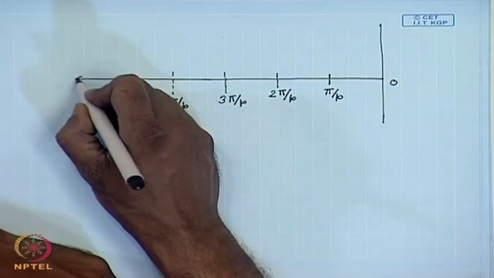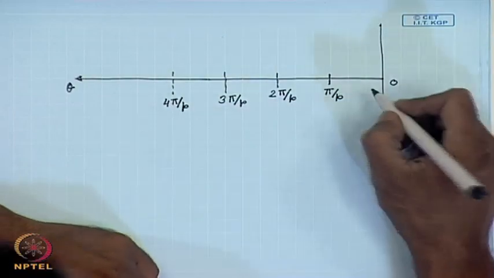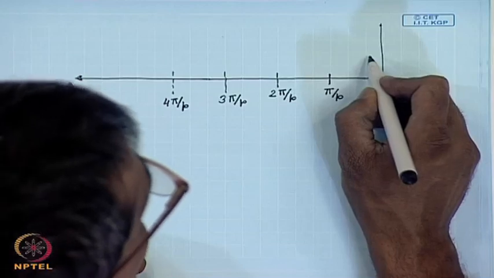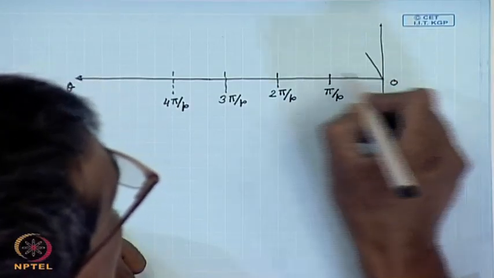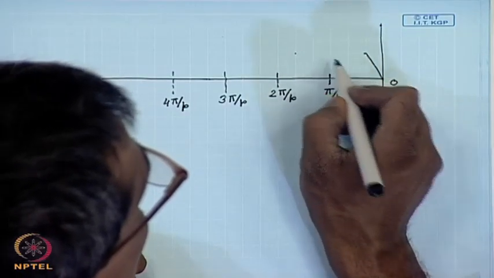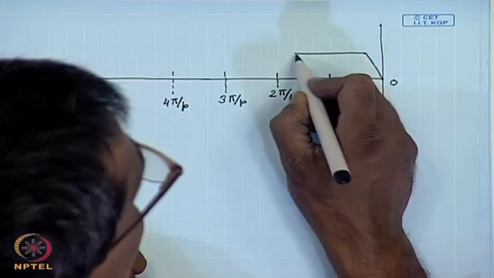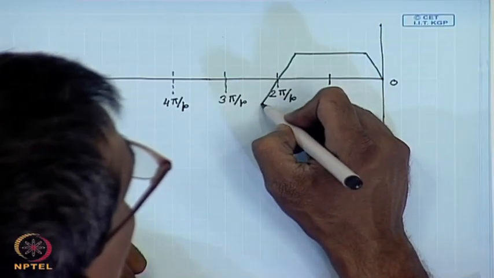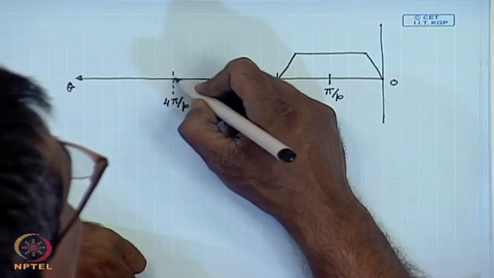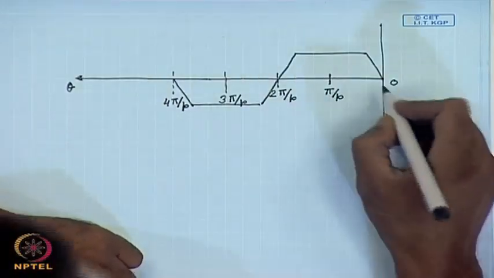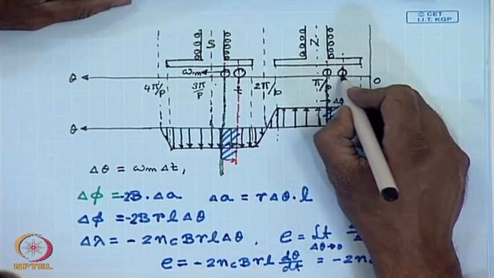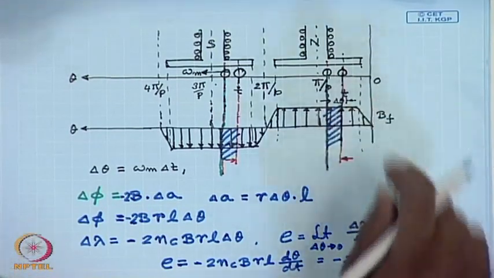As the coil moves along this direction, the EMF induced has a similar waveform as that of the flux density waveform, where theta is the position of the first end of the coil.